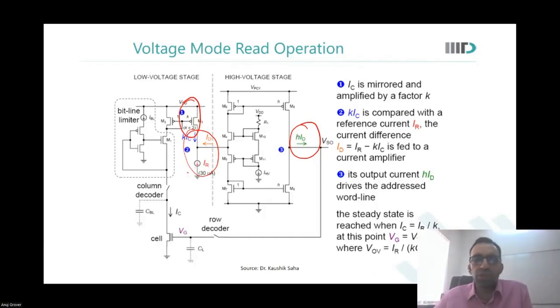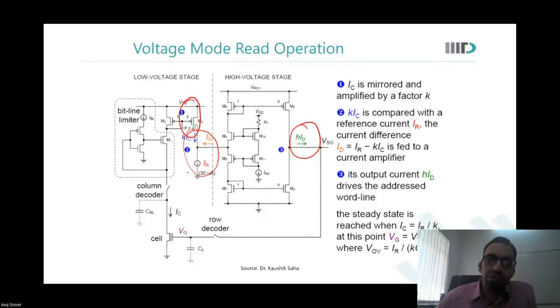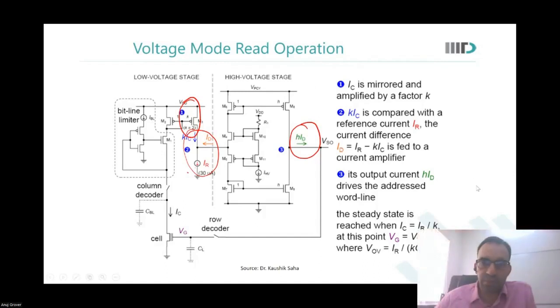What is the power budget that you want to keep, and what is the speed at which you want to operate? Okay, sir. Because if K is large, a large amount of current would flow from the reference. So it depends on the current that you want to sink and the sensitivity that you require of your circuit. All these factors. Okay, sir.